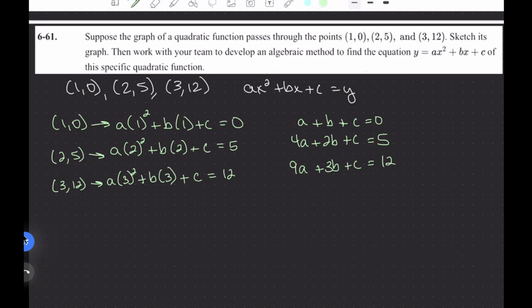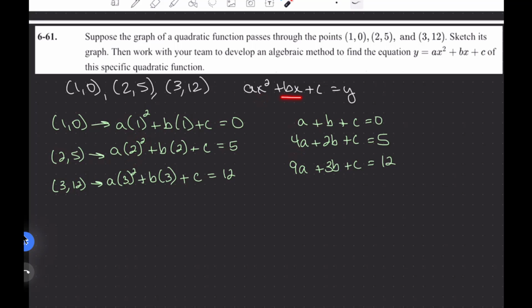Yes? Okay, so when you're adding these up, for the second one, you're adding the 4 and the 2 and then the 1 in front of the C? Yeah, because my x was 2, right? So in my equation, I put x was 2, which gives me my 2 squared. And what's 2 squared? 4, right?